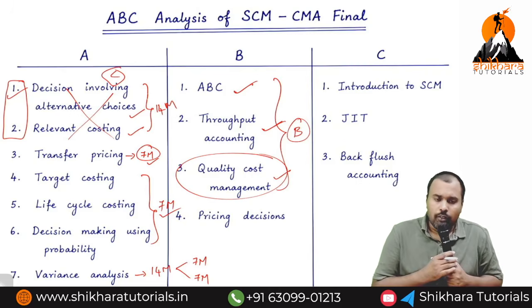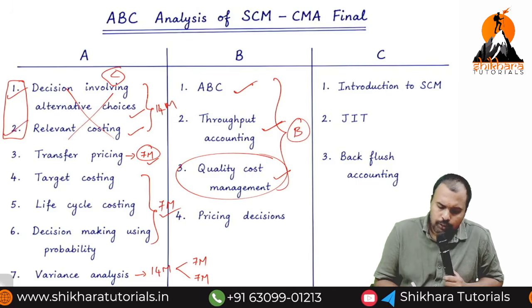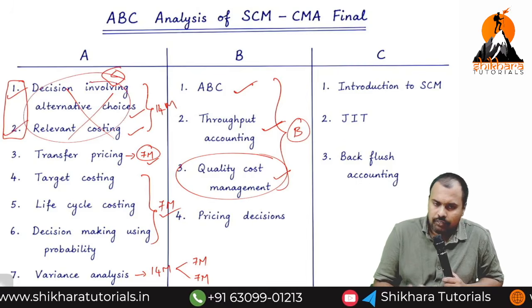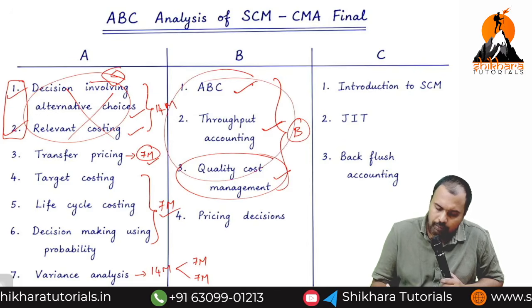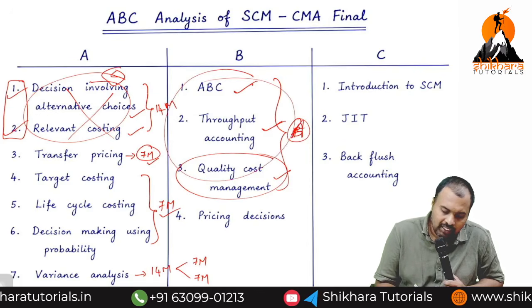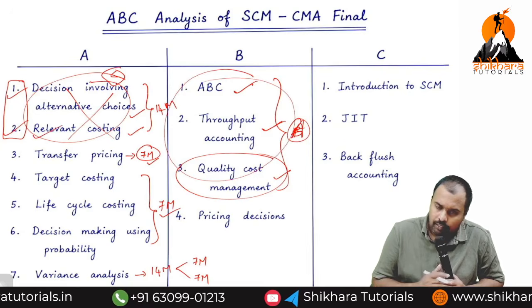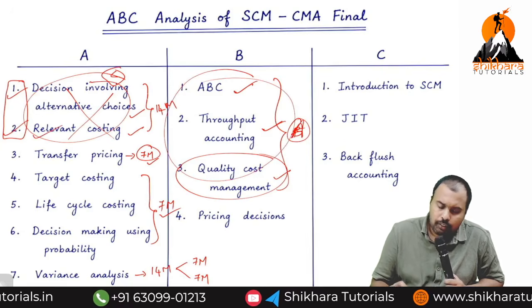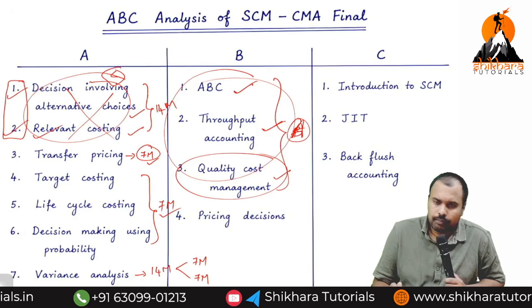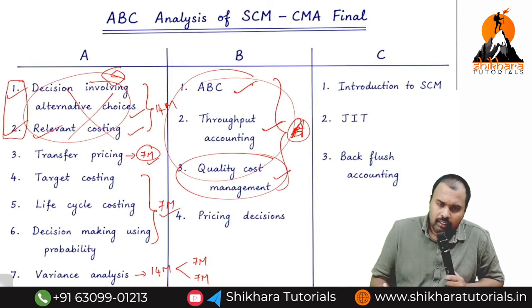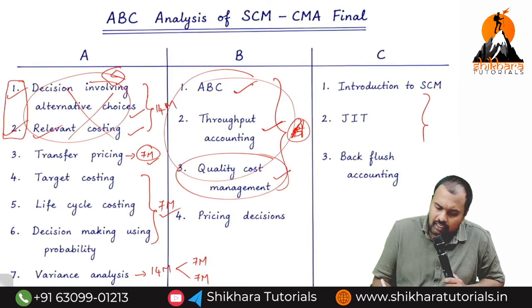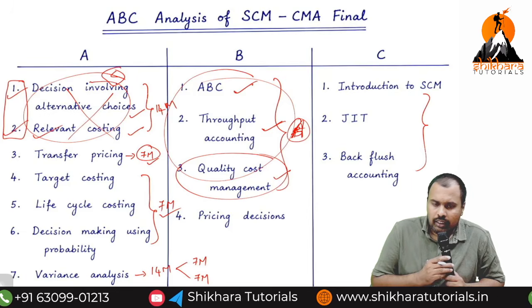If you have already prepared these 2 questions, that's fine. If not, then go for this, and then this will become A category. If you are not thorough with decision making as well as relevant costing, then ABC and throughput costing will become A category. Clear? Okay.